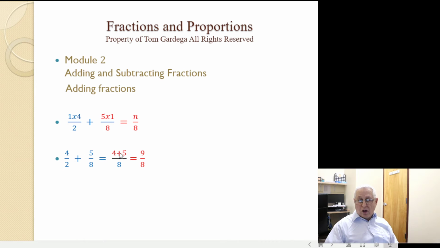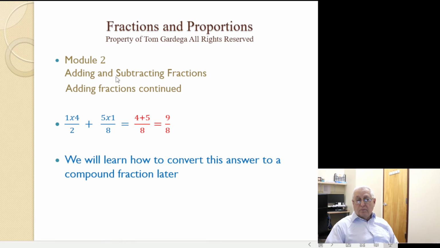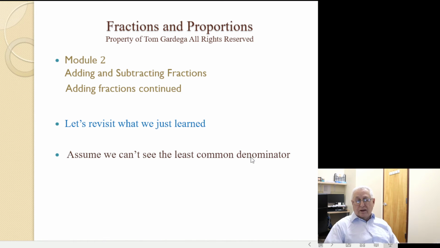We have a plus sign, so I put a plus, and then we bring the 5 over. 4 plus 5 equals 9 over the least common denominator 8. 9/8 is an improper form, but we're going to use it for now. We will learn how to convert this number to a compound fraction later on.